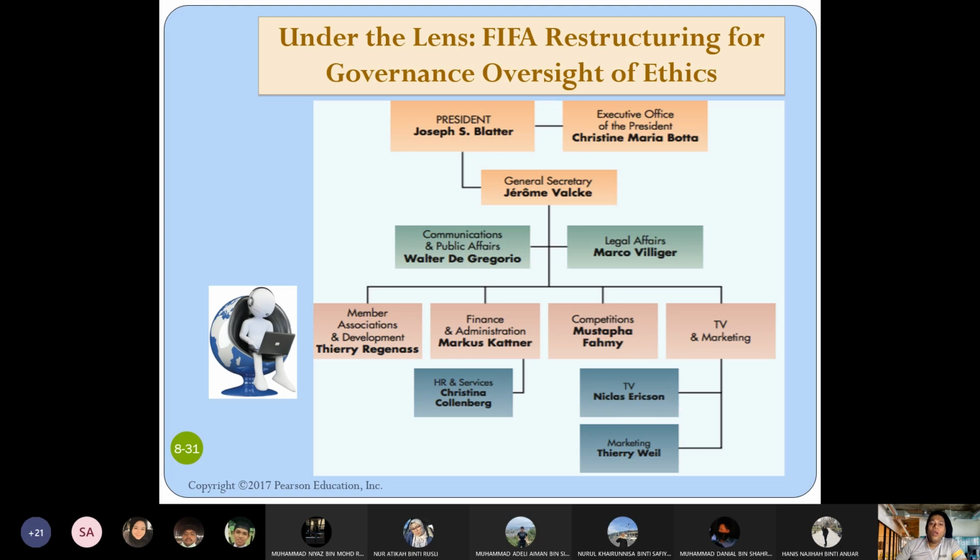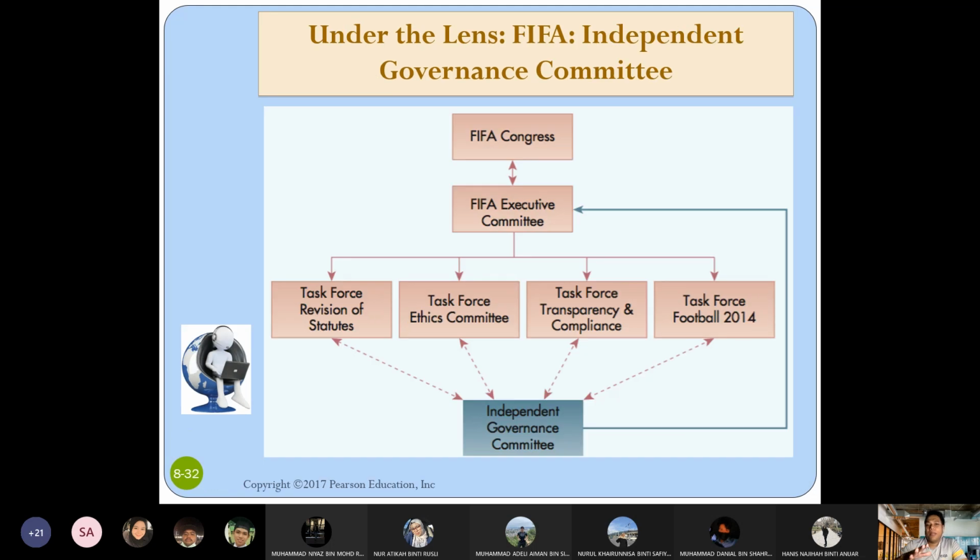So what happened at FIFA is that, because of the need to change, they restructured their organization so it became like this: the FIFA Independent Governance Committee. If you look here, they have the FIFA Congress and then the FIFA Executive Committee. Under the Executive Committee, they have task forces: revision of statutes, ethics committee, transparency and compliance, and also Football 2014.